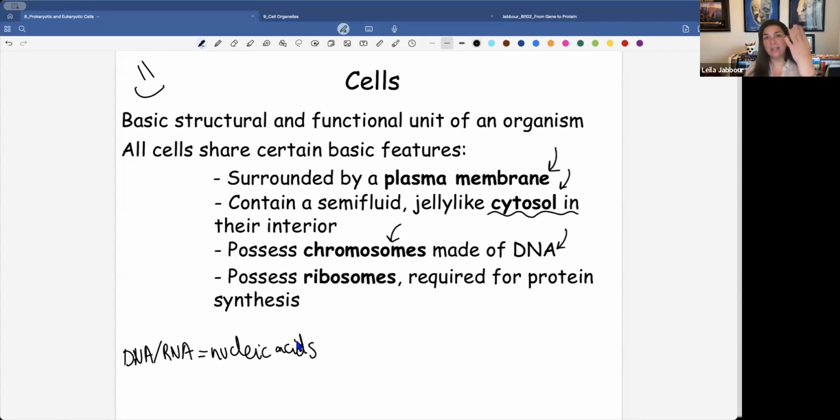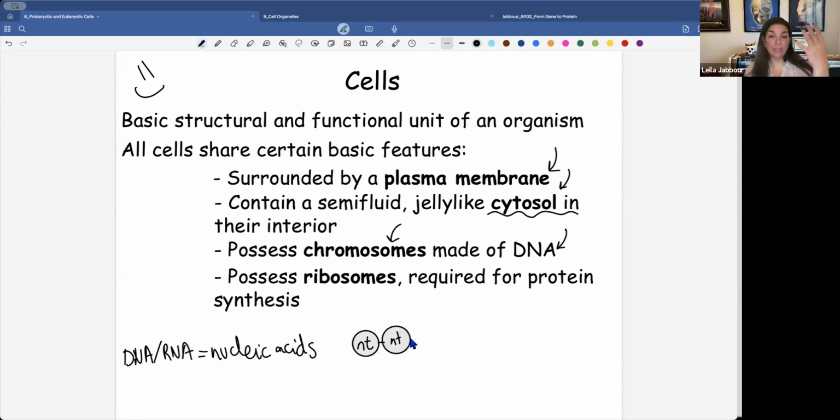And nucleic acids are that fourth category of the four macromolecules that you've seen in the past. You might have spent more time on the first three, which are carbohydrates, lipids, and proteins. The fourth type of macromolecule is nucleic acids. Nucleic acids are made of nucleotides, which is the monomer, strung together.